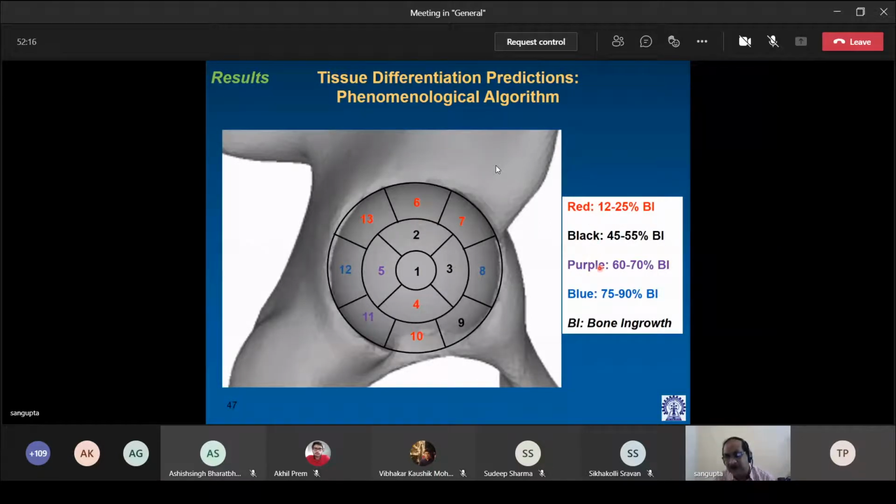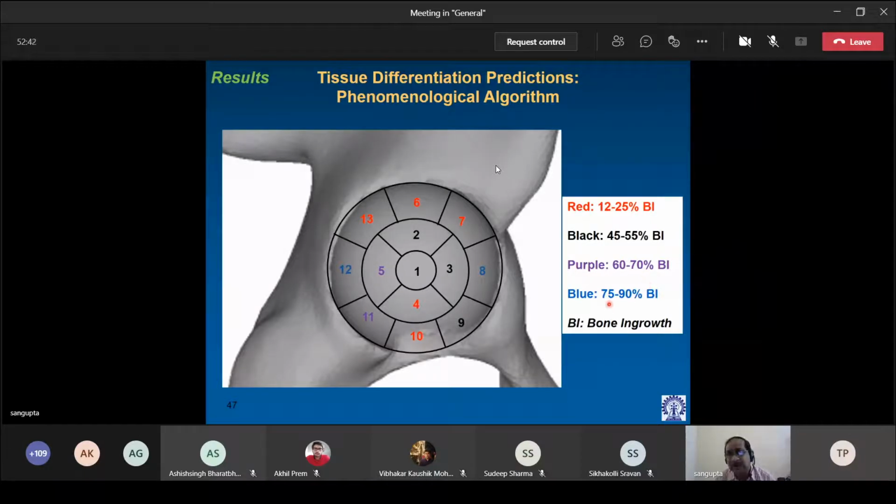We have identified 4 key regions, which are representative based on the amount of bone ingrowth. So 12 to 25% bone ingrowth has happened in these regions: 4, 10, 7, 6, 7, 13. Black is 45 to 55%, quite high. Purple is 60 to 70% bone ingrowth.